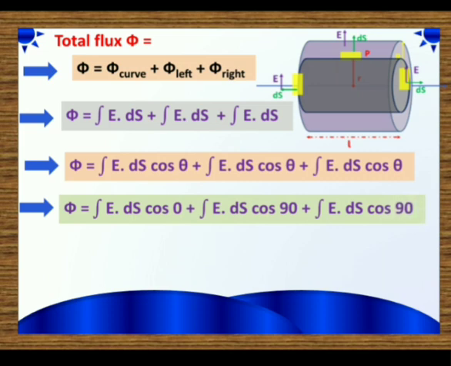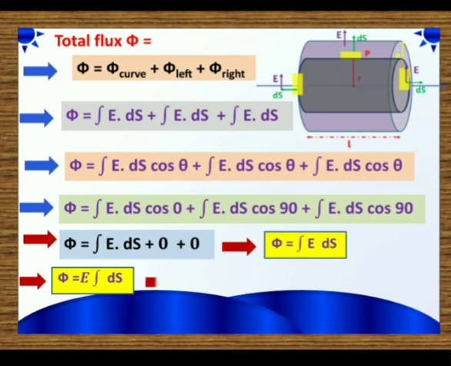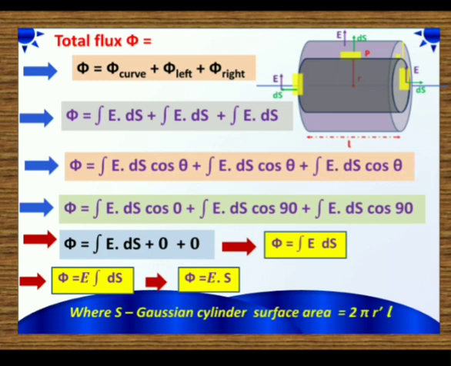Cos 0 is 1, cos 90 is 0, so phi is equal to integral E dS plus 0 plus 0, right? Now phi is equal to integral E dS. Keep E outside and integrate: phi is equal to E integration dS, that becomes phi is equal to E into S. What is S? S is the surface area of the Gaussian cylinder.